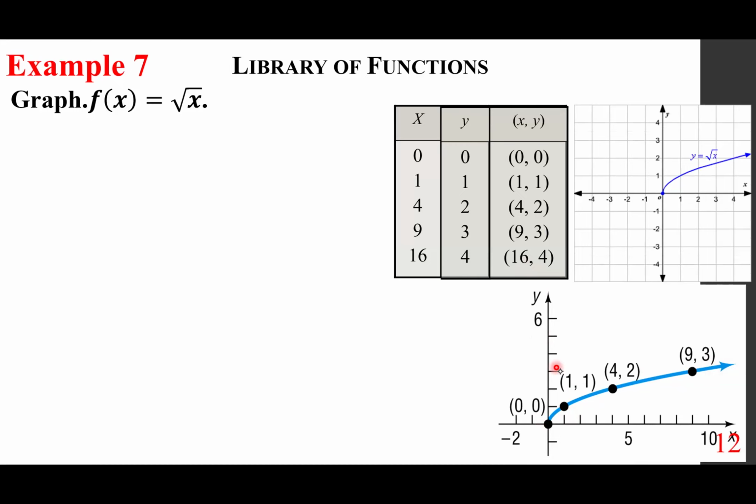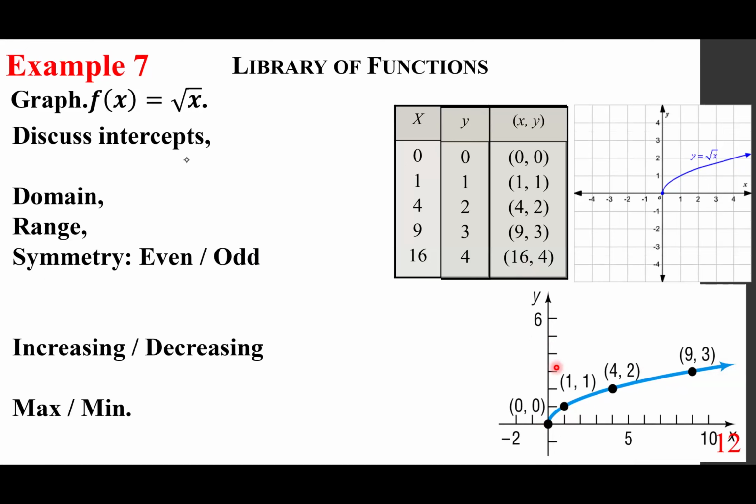Now, we want to discuss the intercepts. The x-intercept and the y-intercept are the same, located at 0, 0. So 0, 0 is both.